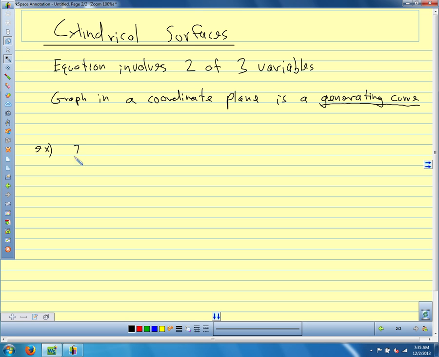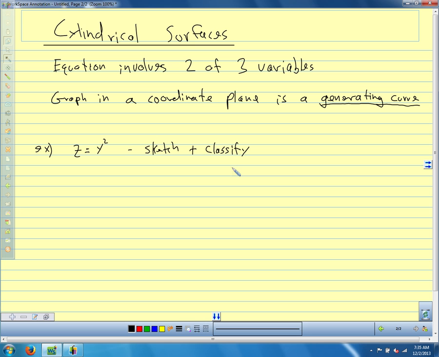So if we have z equals y squared, and we want to sketch this, often you'll be asked to classify these also, and the classifications are not set in stone.